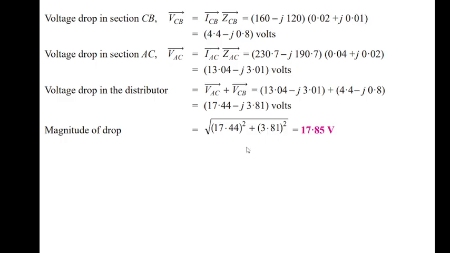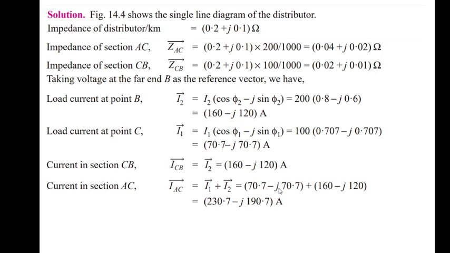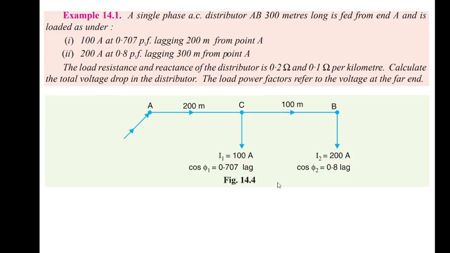So we can use this equation, resulting in a value of approximately 17.85 volt. This final result represents the actual voltage reduction from the feeding point to the far end of the distributor at point B here.